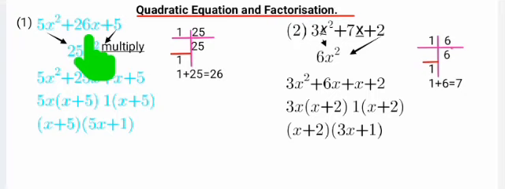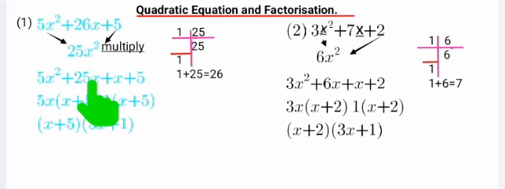I hope that is clear. We are simply replacing the 26s with the numbers that we multiplied to give us 25 that also added to give us 26s, and that's what we have here. So once you put that in, we are going to generate an equation that looks like this.